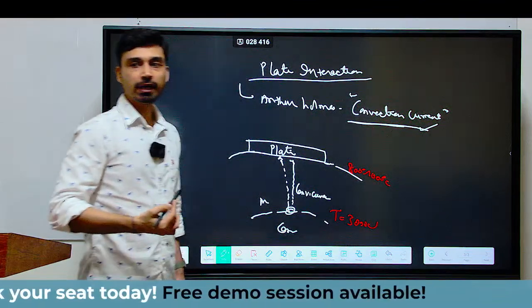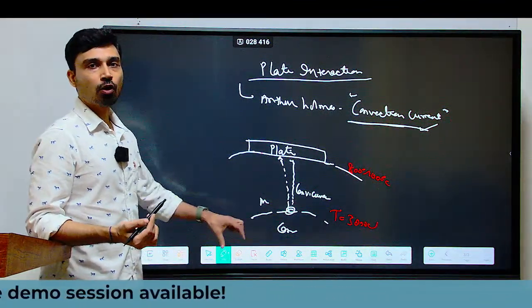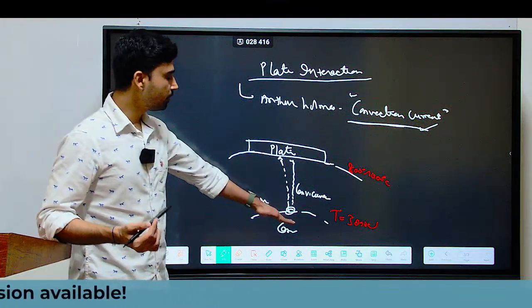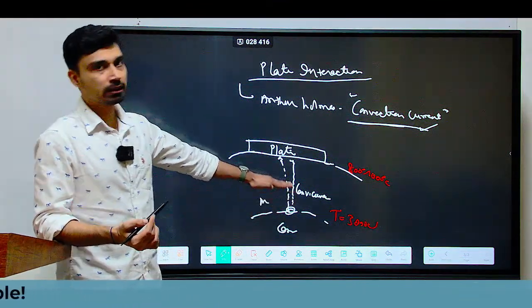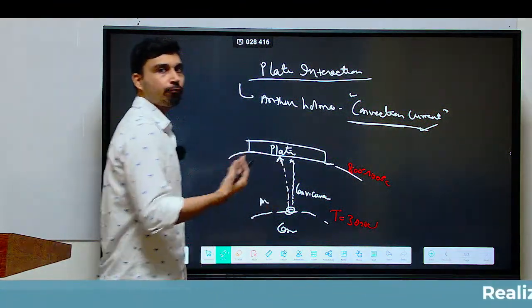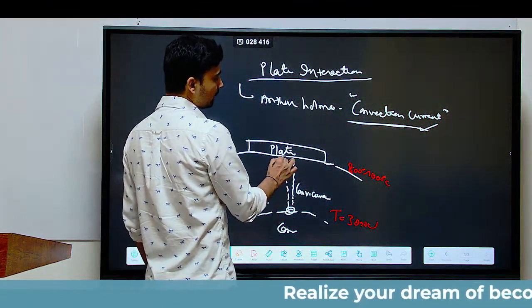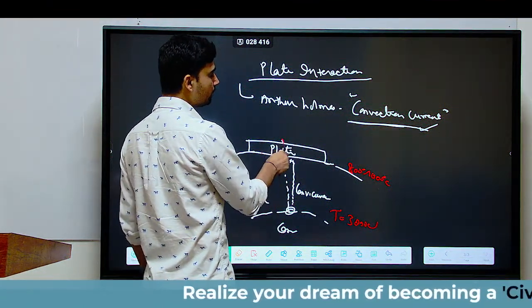So, what is convection current? Basically, it explains that we have the movement of the hot molten magma from near the mantle-core boundary toward the crust-mantle boundary in a huge volume, in a huge plume-like shape. As this convection current rises up, it applies force on this plate in the upward direction.